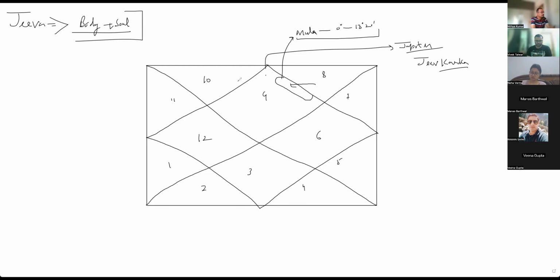Jupiter says, okay, we'll do it. I need blood and body. Trikona from Jupiter here is Mangal, and Mangal is known as Deha Karaka. Deha means body.